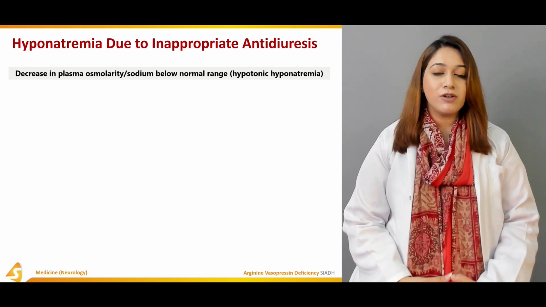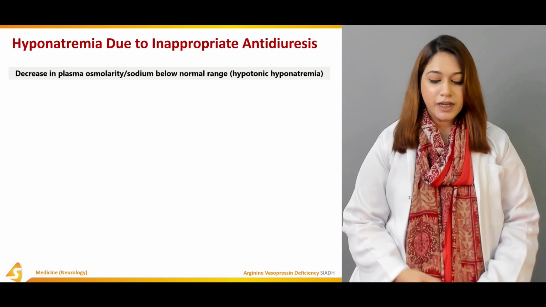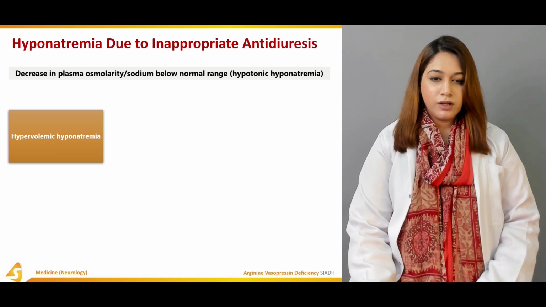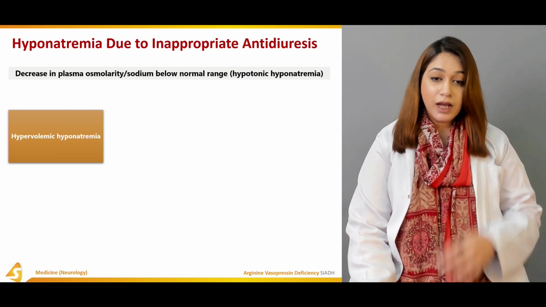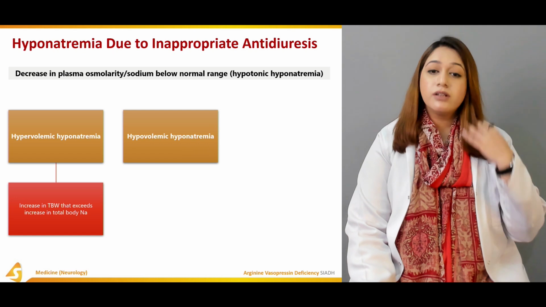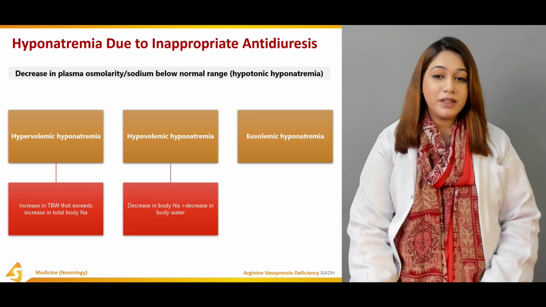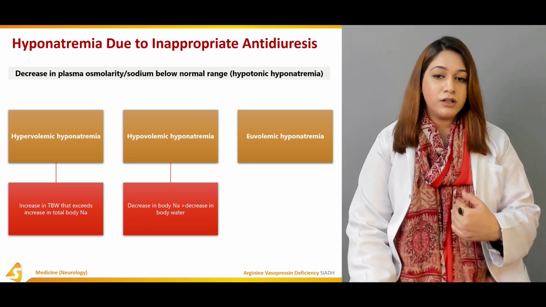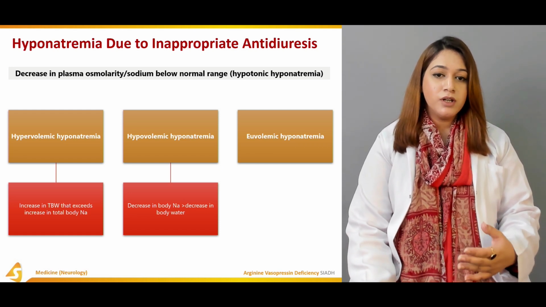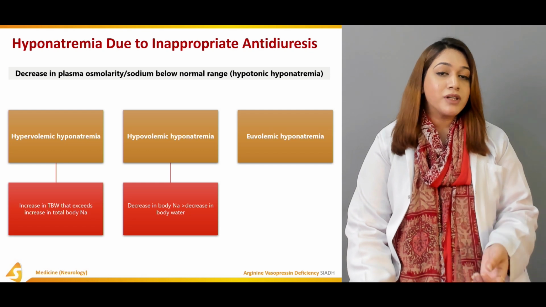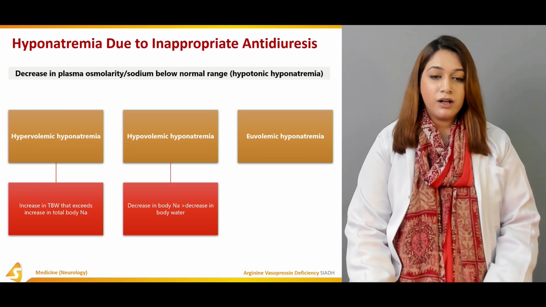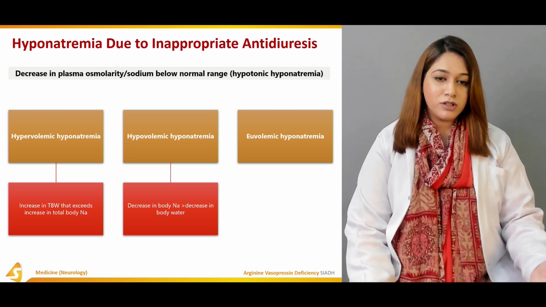Decrease in plasma osmolarity or sodium below the normal range, that is hypotonic hyponatremia, hypervolemic hyponatremia, hypovolemic hyponatremia, and euvolemic hyponatremia. So these are the three main types in which the patient can present, and these are the three main causes by which hyponatremia can be caused in the body.